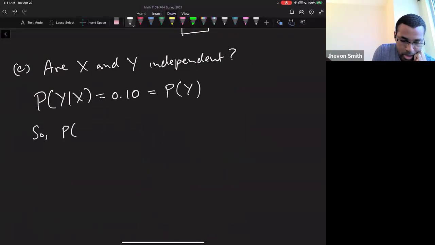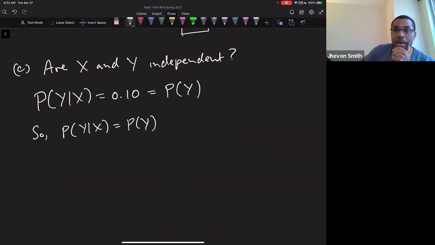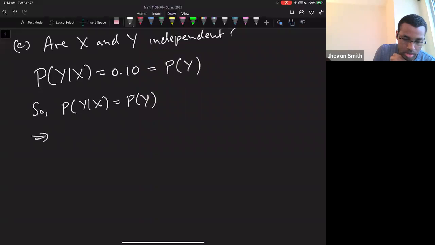So given that X happened, doesn't really matter. Y is going to happen with the same probability. X happening did not affect Y happening at all. So yes, they are independent.